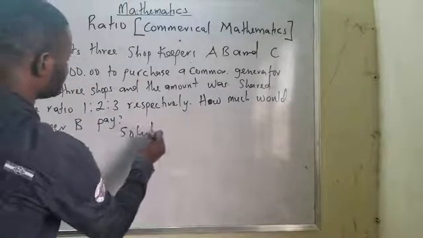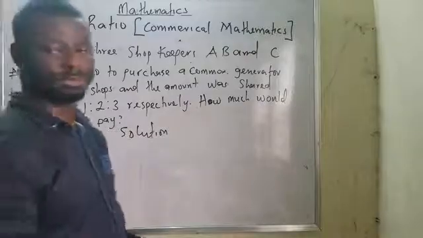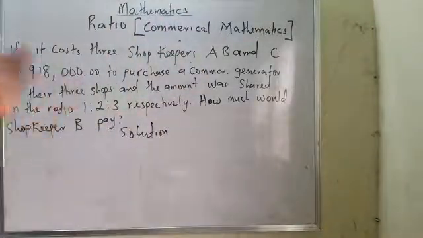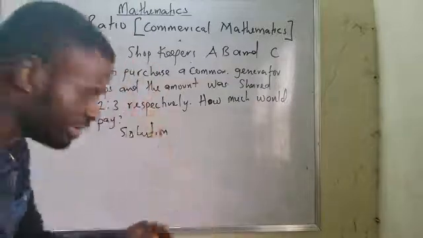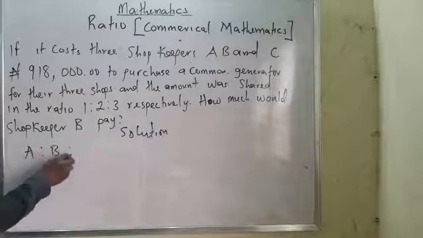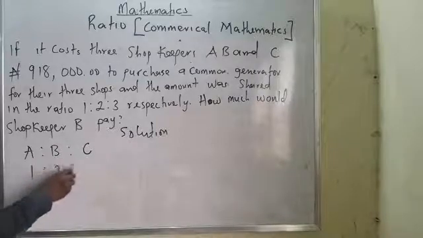Solution to this problem. As far as this is a word problem, you must understand the question. But how do you share something in a given ratio? The first thing you need to know is that we are talking about the ratio of A, B, and C, which is 1, 2, 3.